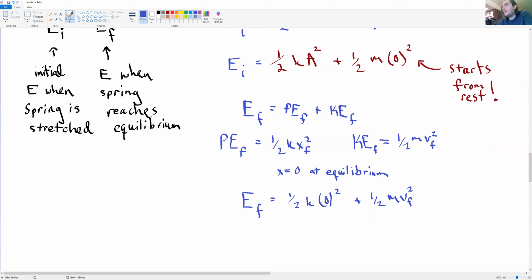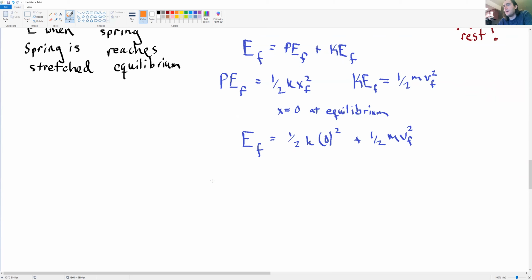So what we have then so far, and let's maybe change colors here, is that the initial energy should be equal to the final energy, and the initial energy is 1/2 ka squared, and the final energy is 1/2 mv final squared.